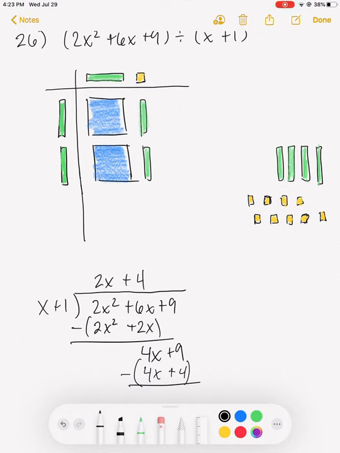And we'll take as many of our units as we can. Okay, so we have our 4 x's. Now, these 4 x's need to be horizontal because they're going to go right here. So we're going to erase them and draw 4 of them in the right orientation.